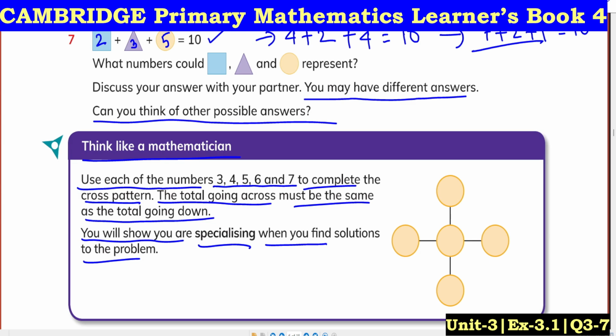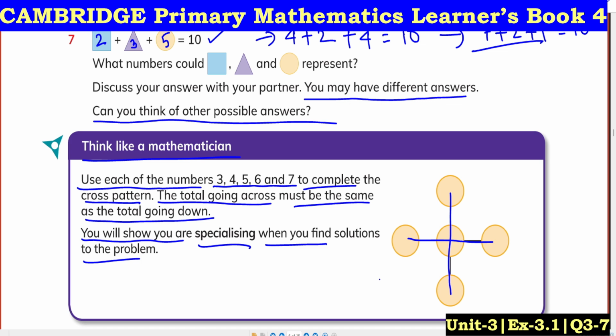It means we have to put the numbers 3, 4, 5, 6 and 7 in any place to complete the cross pattern. The total going across must be the same as the total going down. So this summation and this summation will be the same.